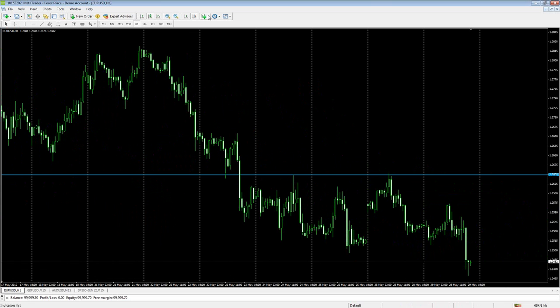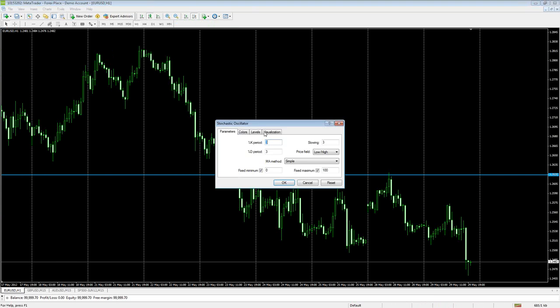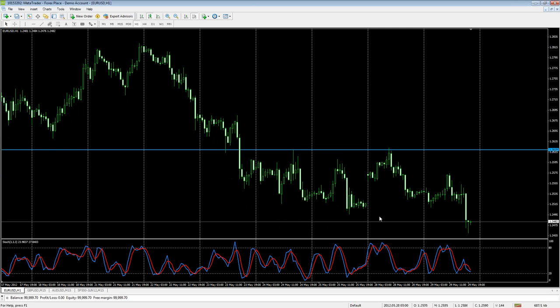Let me just add the stochastic. I'm using the 3-3-3 or 5-3-3. It doesn't matter, either of them. If I want something to react fast or quickly to the chart, I would probably use the 3-3-3 stochastic.